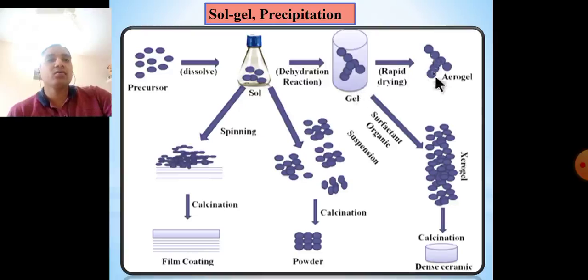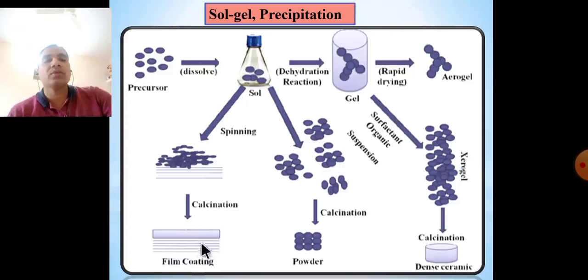Rapid drying forms an aerogel. To this gel a surfactant organic moiety is added to form a xerogel, and the xerogel is calcined to form a dense ceramic material. The sol spinning technique forms a thin film coating, and this thin film is calcined to form a film coating.